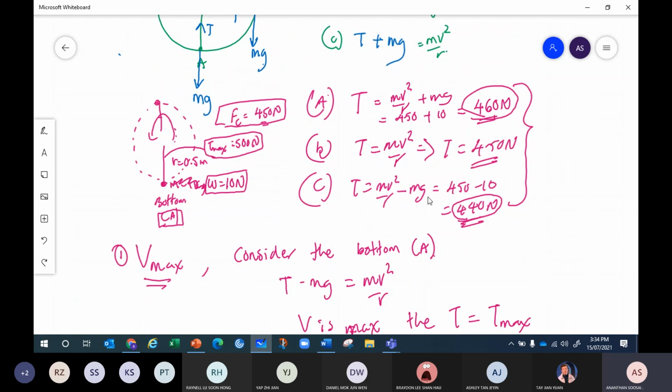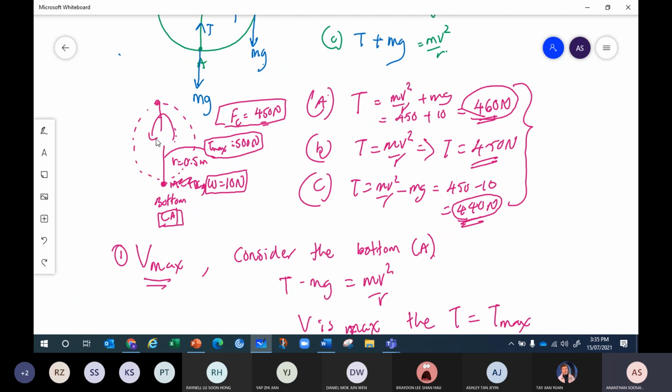You whirled here with a centripetal force of 450 Newton at the top, which is C. At the top, the tension is 440. The tension is 440. That means the string is really tight, so the tension acts downwards.